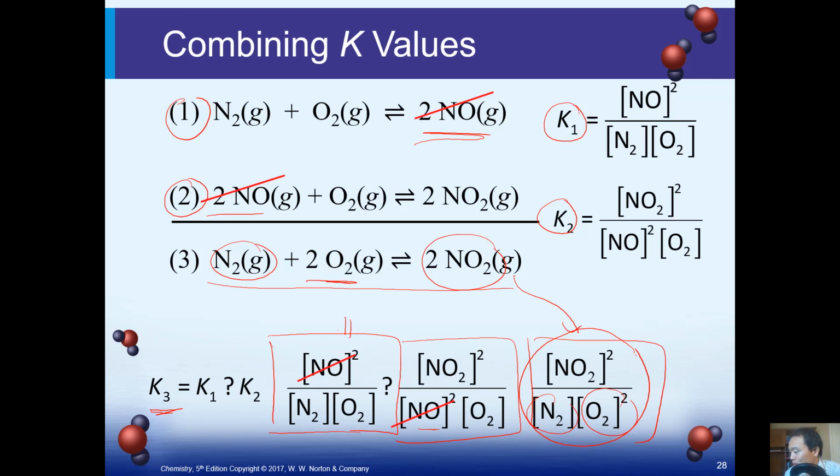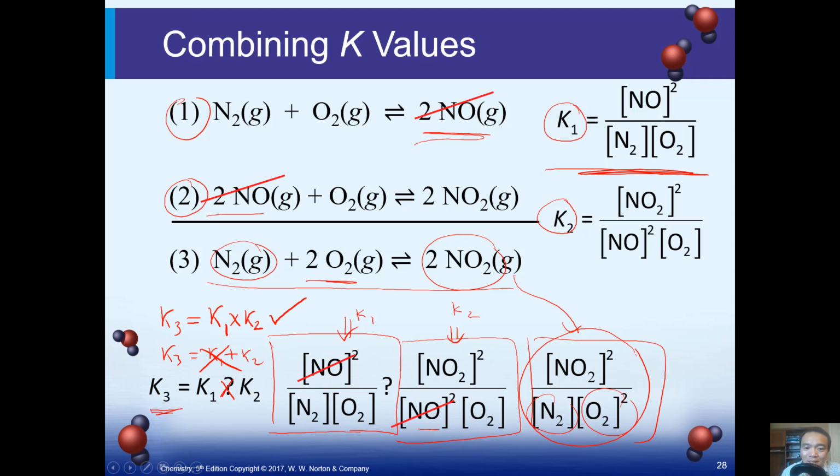The first term is exactly the same as K1, and the second one is K2. So this question mark should be replaced with multiplication. To summarize: if you have two original reactions and you add them together to make a third reaction, then K3 is the product of the first and second reaction equilibrium constants. It's not K1 plus K2. That's totally wrong. It's K1 times K2.